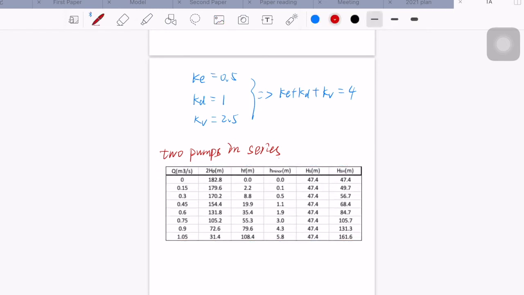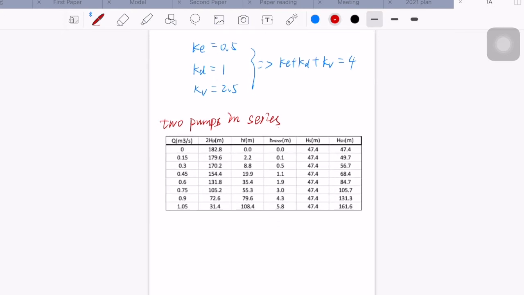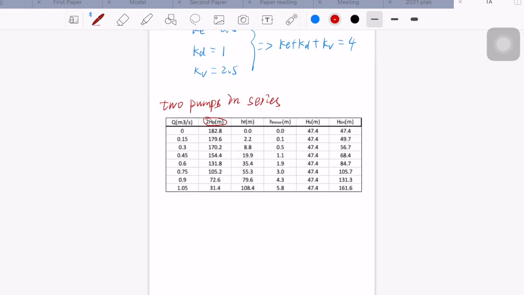And we need to know that the heads are doubled when the two identical pumps are used in series. And then we know the equation HF equals K times Q squared. The K we have determined before, and the Q is given to us, so we can determine the HF in this column.